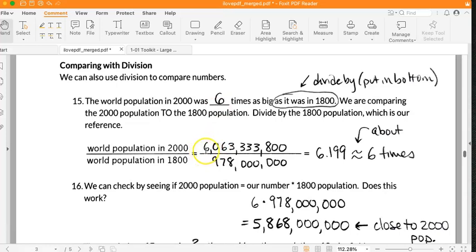And here I wrote in the actual population, and here I wrote in a slightly approximate population. It's not going to change that much depending on how accurate you are. We're always going to get into a ballpark of about 6 times as big. So from 1800 to 2000, the world population was 6 times as big.